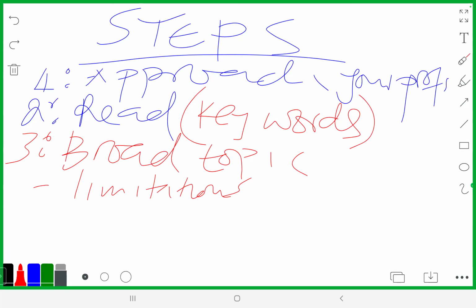About the limitations. Number one, when you are reading a research publication, there is always a part for limitations and recommendations of each research. So you go down to the part where there are limitations, so that you understand the limitations of that research. Analyze the limitations.